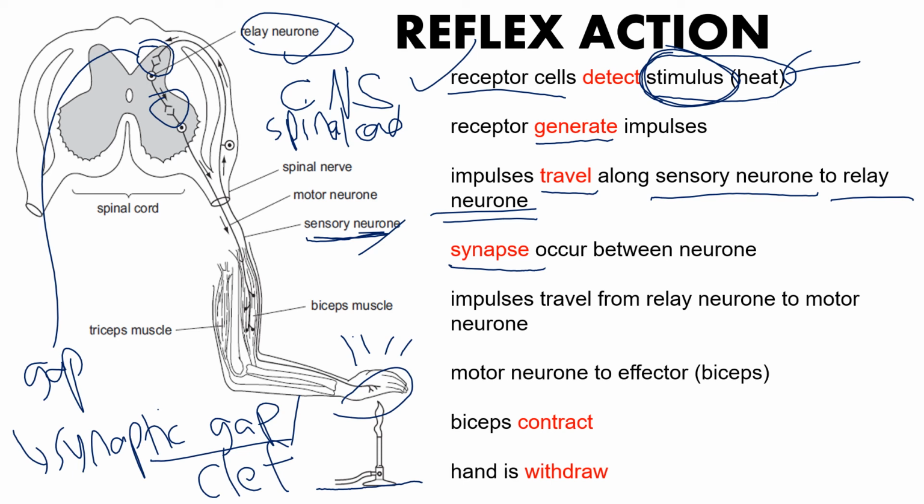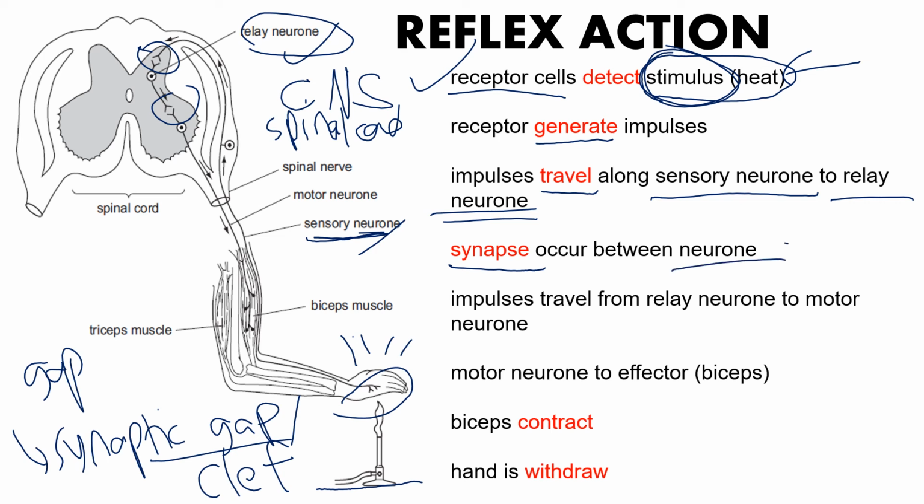For now, what you need to know is, after the impulse travels along the sensory neuron to the relay neuron, synapse occurs between each of the neurons. In this particular case, as you can see here, we have two synapses that will occur.